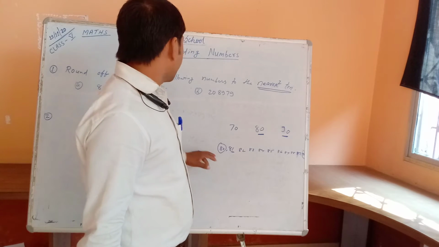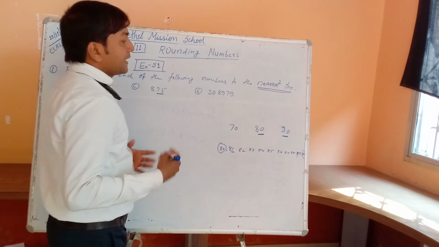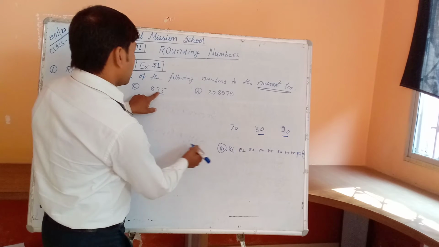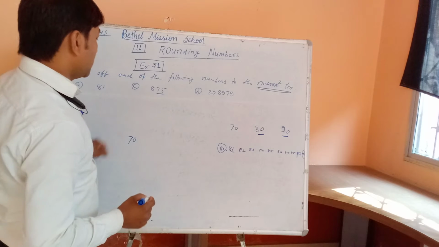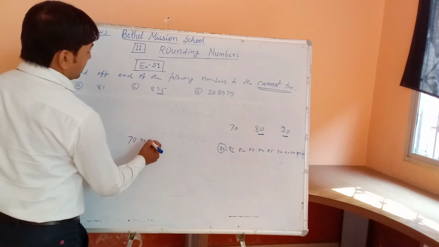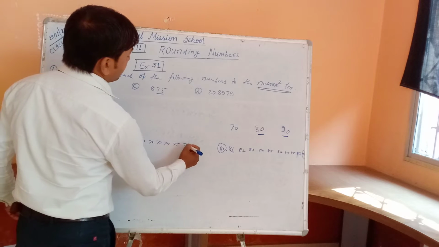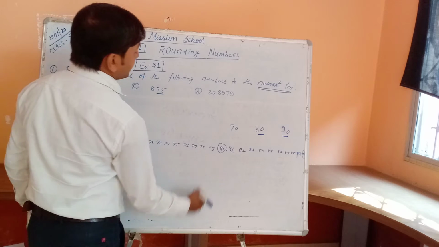Or suppose some other number, 75, where the tens digit is given, so suppose that 70 here, so 71, 72, 73, 74, 75, 76, 77, 78, 79 and 80.